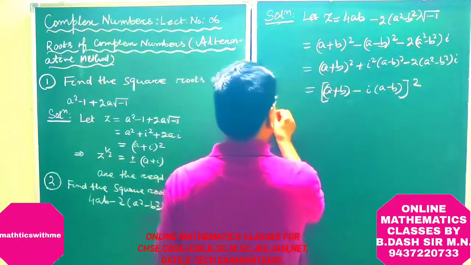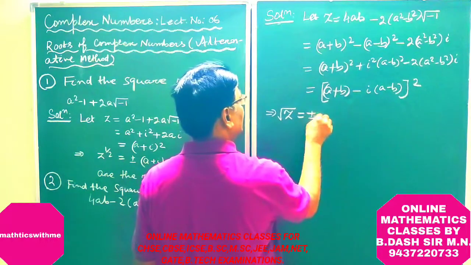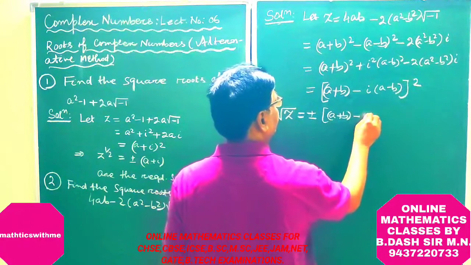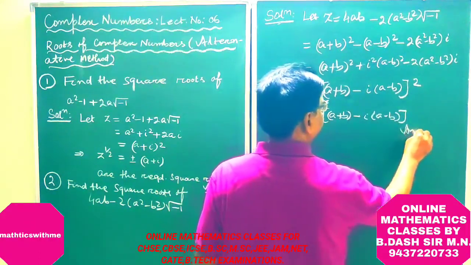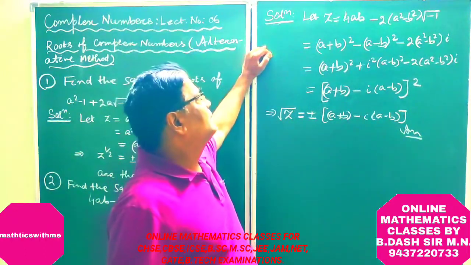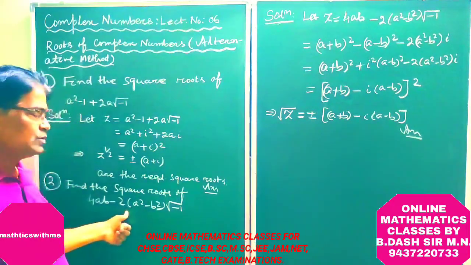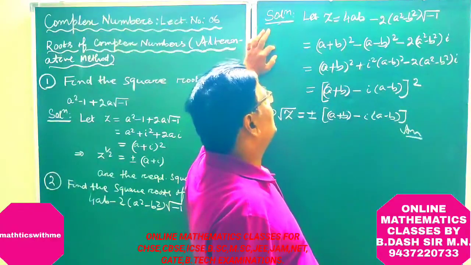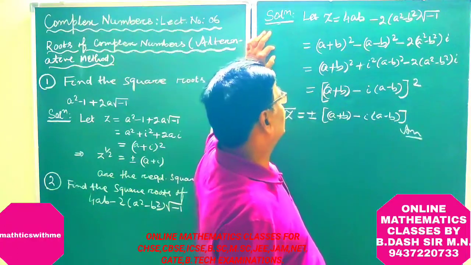So this implies the square root of z is equal to ±(a + b − i(a − b)). Understand? So here the question is to find the square root of 4ab − 2(a² − b²)√−1. Let z = 4ab − 2(a² − b²)√−1.